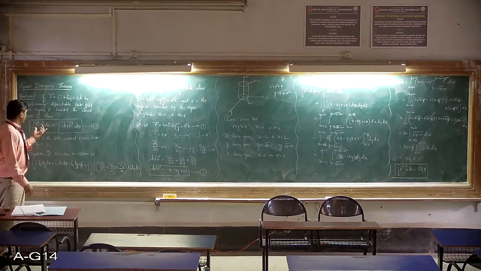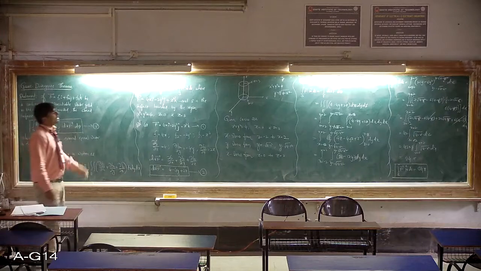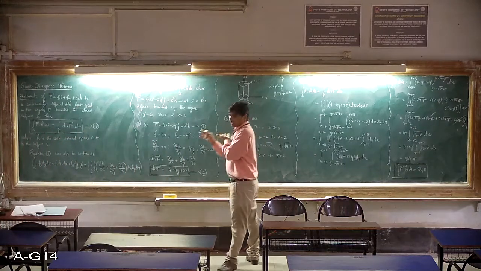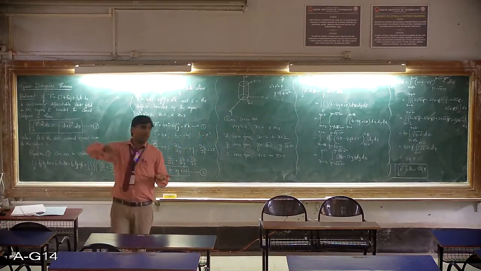The complications here are more. You can see dS is there, and it is bounded by many surfaces. There is the sphere, there is a plane z equals 0, and one more plane z equals 3.